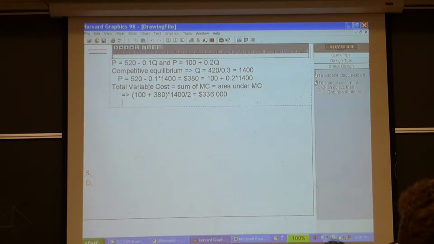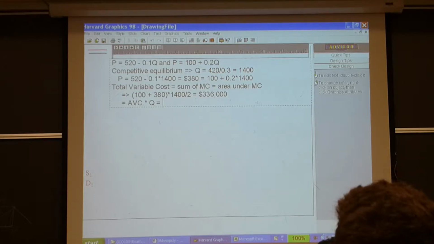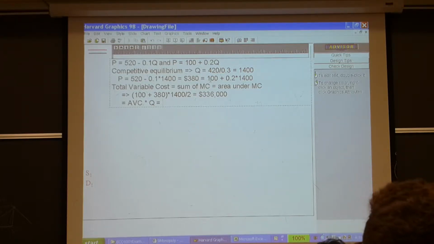equal to average variable cost times Q. Now, what is average variable cost, by the way? Could you guys tell me? Would you know what average variable cost is? Well, you do. Because the original variable cost is 100, and the marginal cost of the last one is 380.